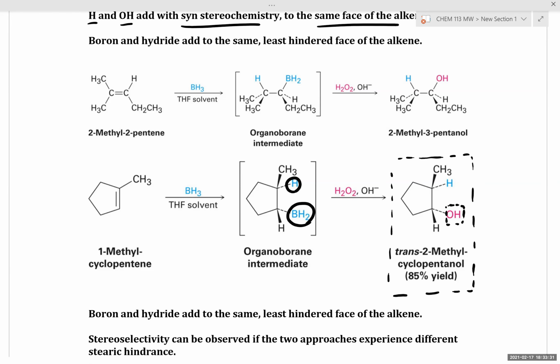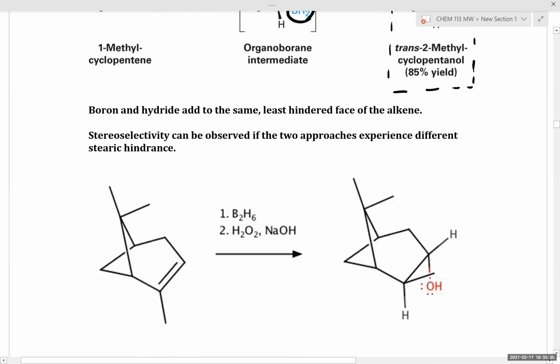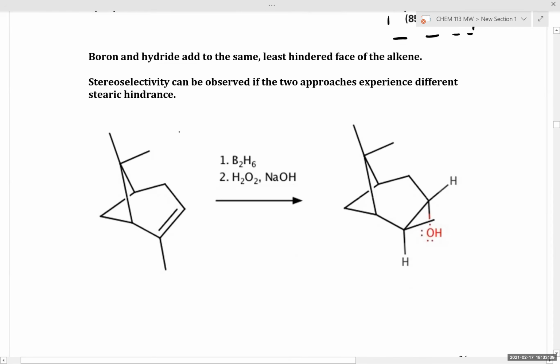So when I keep bringing up this idea that this approach occurs from the least hindered face, if we have a ring system where the top face or one of the faces is blocked and is especially sterically hindered, your hydroboration will occur in a way where your boron approaches from the least hindered face.